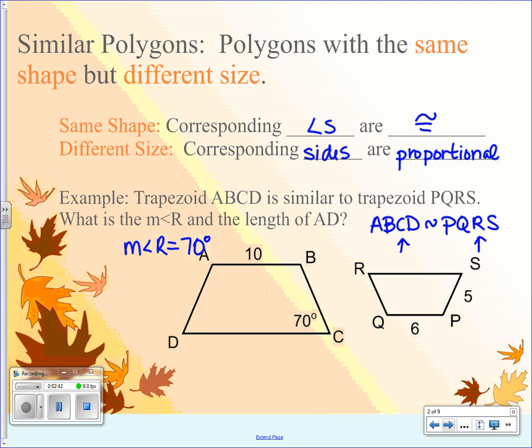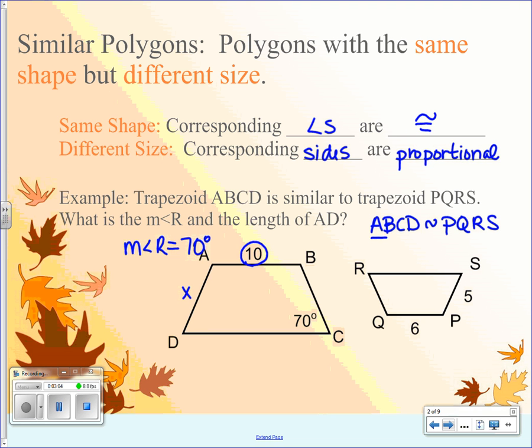Now it asks, what's the length of side AD? Well, let's look at AD in our figure and notice that it's not labeled. So let's go ahead and give it an X because we're trying to figure out what that measure is and see what else we have in terms of sides. So we can see that AB has a length of 10 and maybe it has a corresponding side.